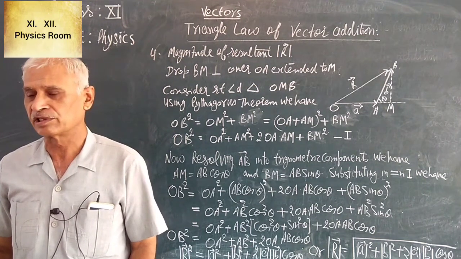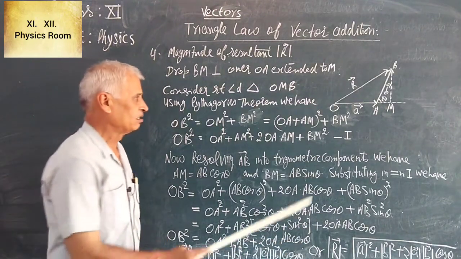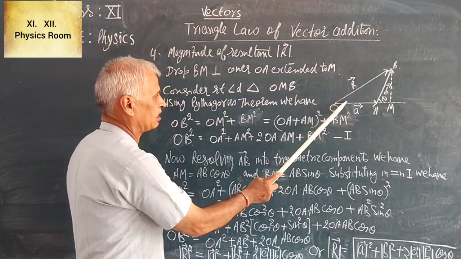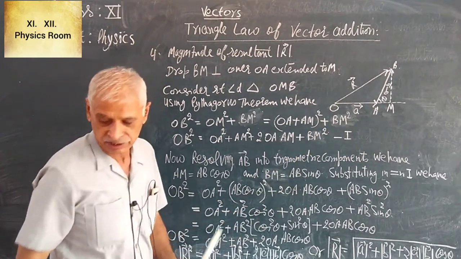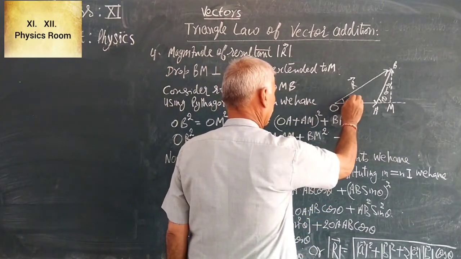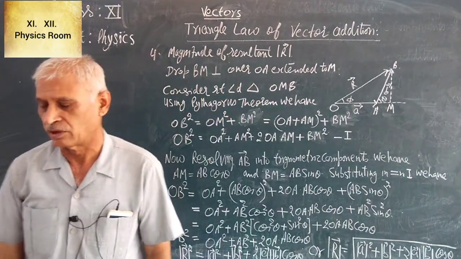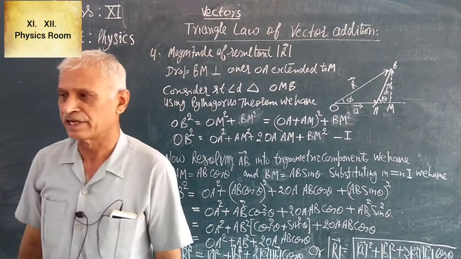So you have to remember this expression, and then we have to go for direction of resultant. What is the direction of resultant? We have to go for the direction of resultant with horizontal. So let us see how to find out direction of resultant.